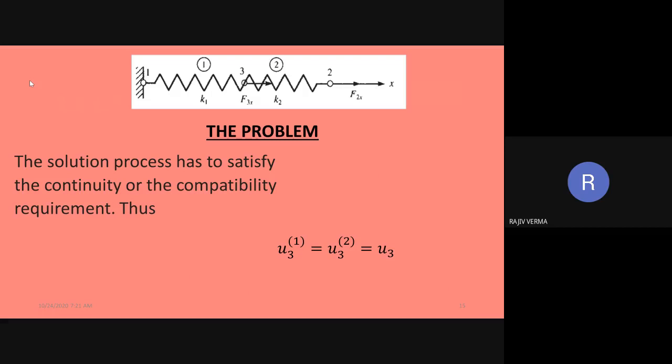So this is a constraint equation between the two elements. And with the help of this constraint equation, we are going to assemble the stiffness matrix of the two elements.